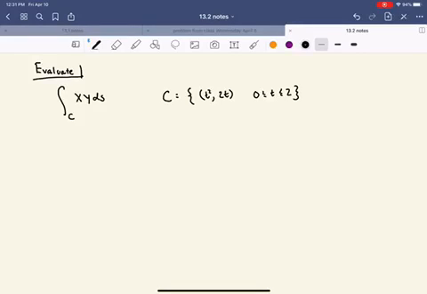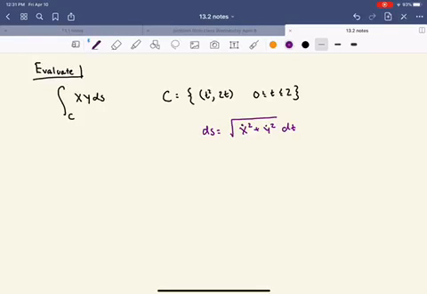Okay, so first thing I'm going to do, I'm going to go ahead and write out what is ds. ds, remember, is the square root of x prime squared plus y prime squared dt, just in the interest of saving writing, because you don't want to kill trees, at least virtual ones even.